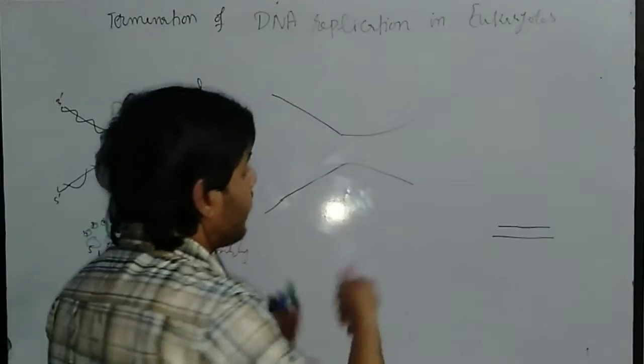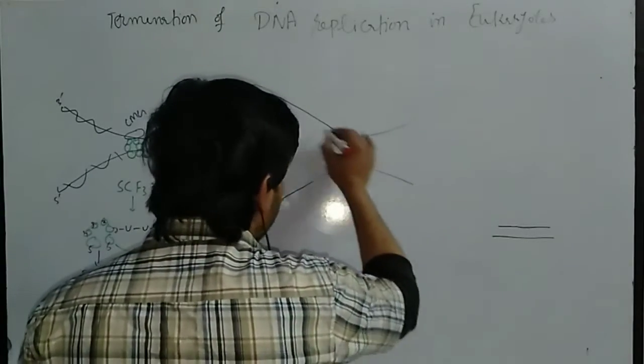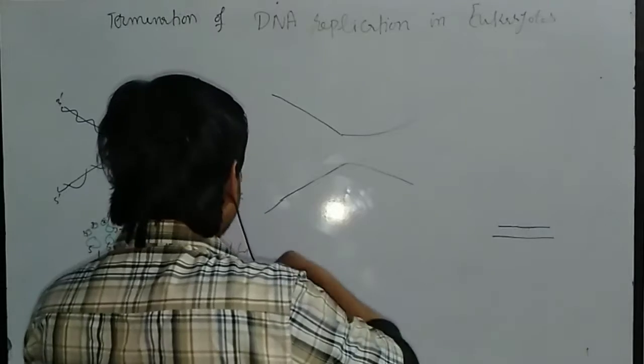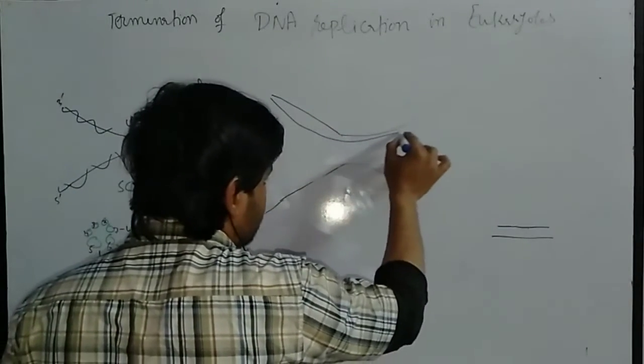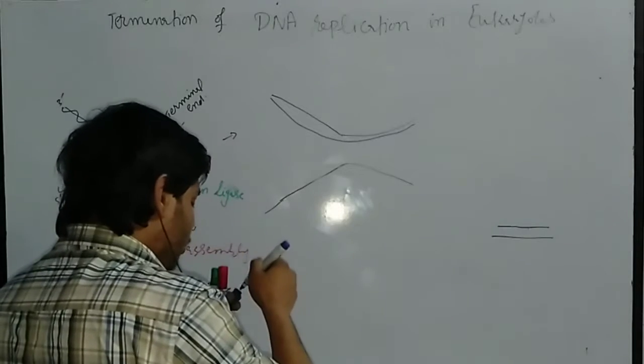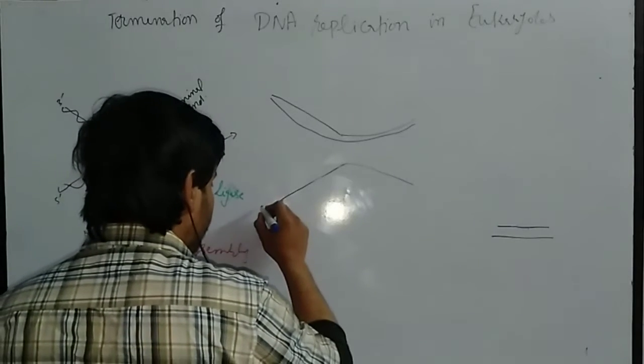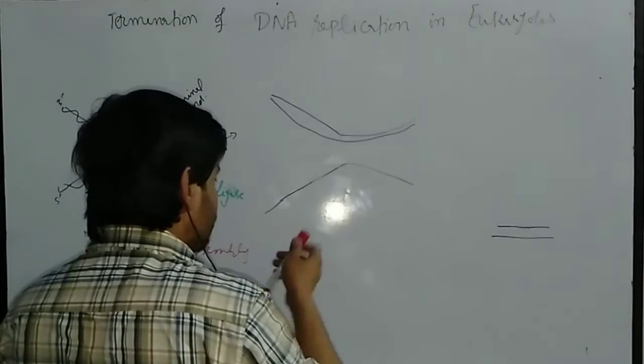And again here the primer is added, meaning the upper strand is again synthesized. This upper strand is continuously synthesized because there is no issue, but the lower strand is again synthesized in fragment form, which we call Okazaki fragments.